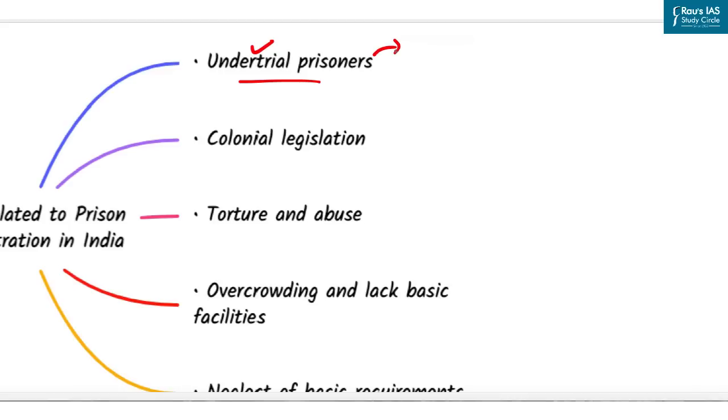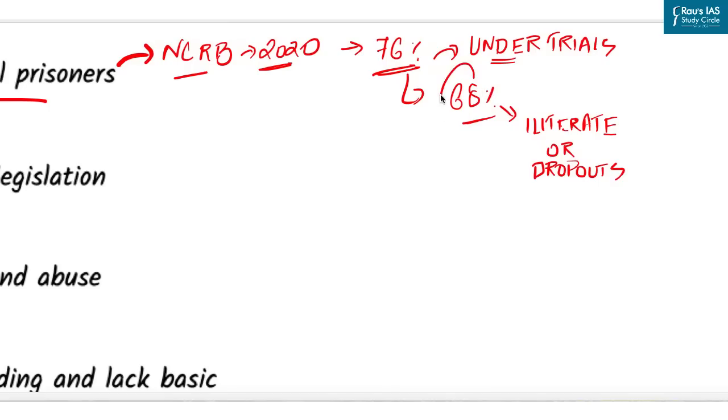So, according to the latest available data compiled by National Crime Records Bureau, that is NCRB, for year 2020, about 76% of all prison inmates in the country were under trials, of which 68% were either illiterate or school dropouts.